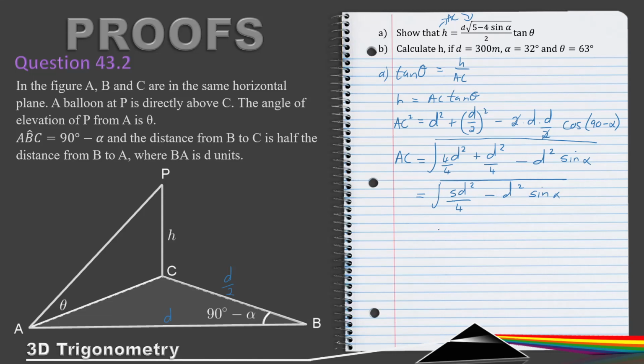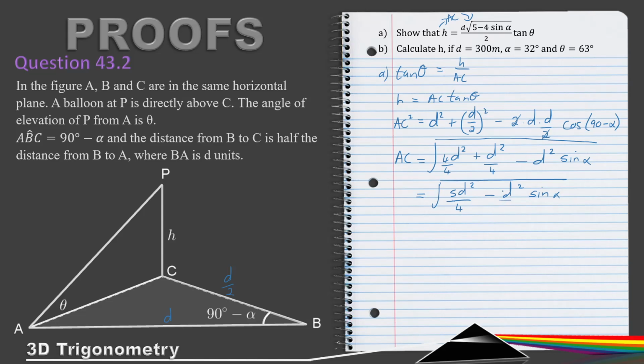Now the next thing I want to do is, because we're in a square root, we can see D squared is a perfect square, which we can take out. 4 also is a perfect square. So how can I take 4 out? If I want to take out 4, I would need a 4 here, because to take it out you need a common factor.